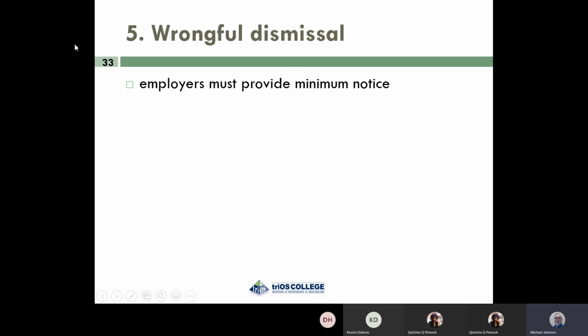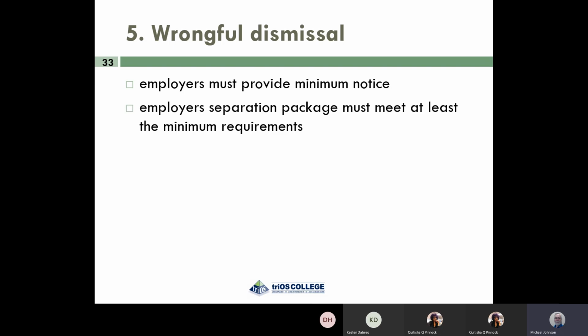So let's go back to our wrongful dismissal again. You need to give notice. Not only is notice required, but the employer's separation package must meet at least the minimum requirements. And again, it depends on how long that individual has worked for you and what the circumstances are.